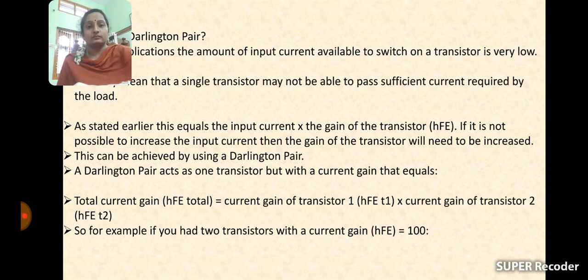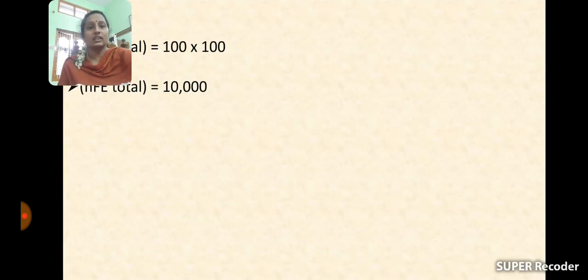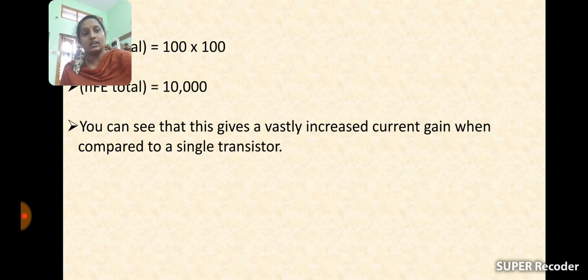So see here, the total current gain is equal to the product of the current gains of transistors 1 and 2. For example, if two transistors each have a current gain of 100, by using these two transistors finally we get 10,000. That means it is very, very high compared to using the transistors individually. For example, if we work with transistor T1 individually, we get a gain of only 100. Is it clear?